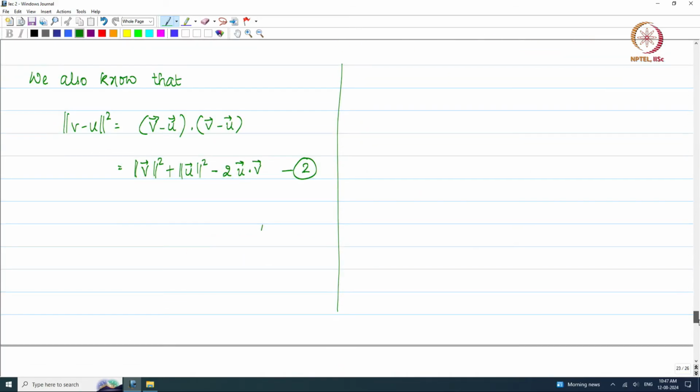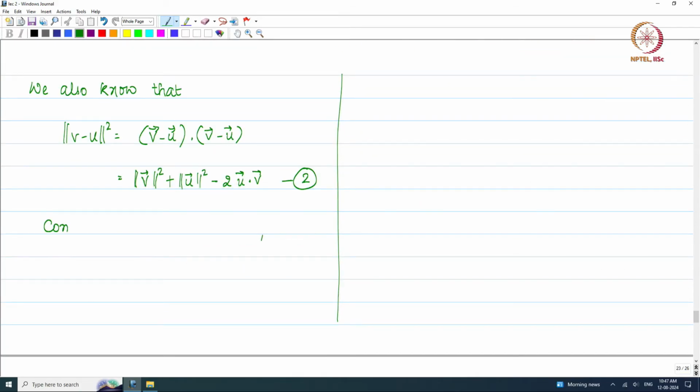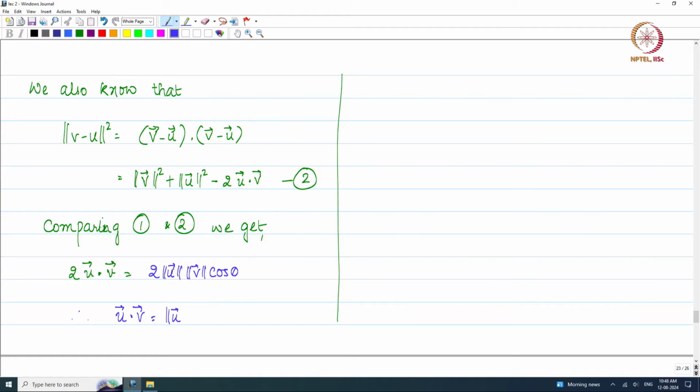So comparing 1 and 2, what we get is the following: 2 u dot v is equal to 2 u v cos theta, and therefore u dot v is equal to u v cos theta.